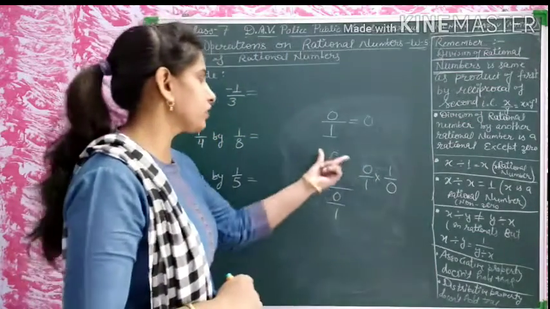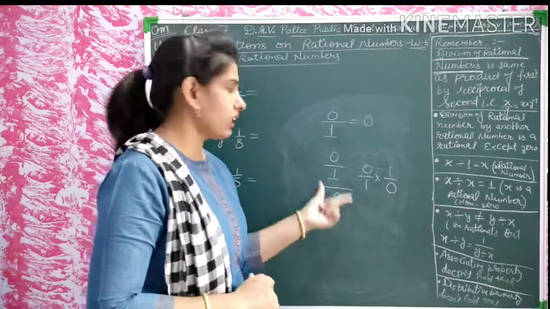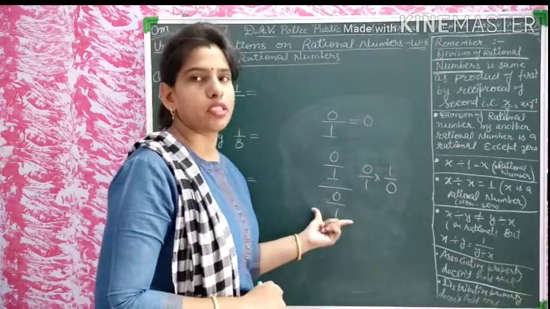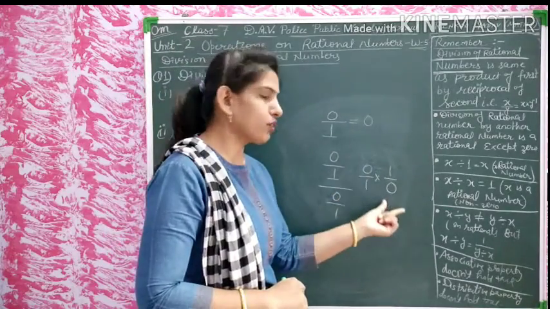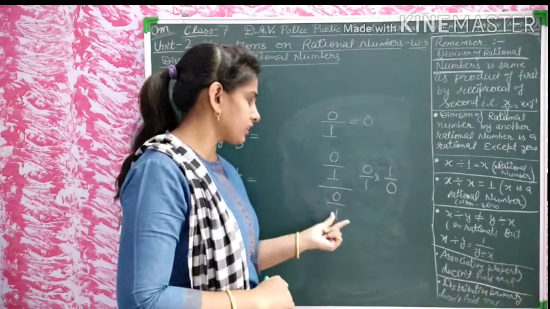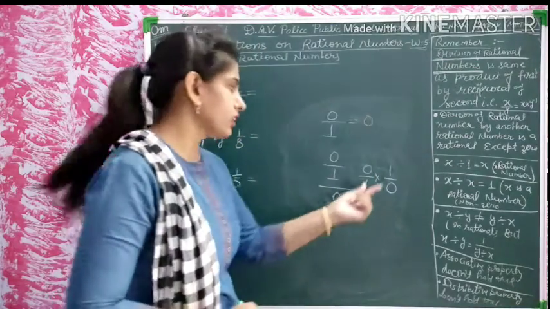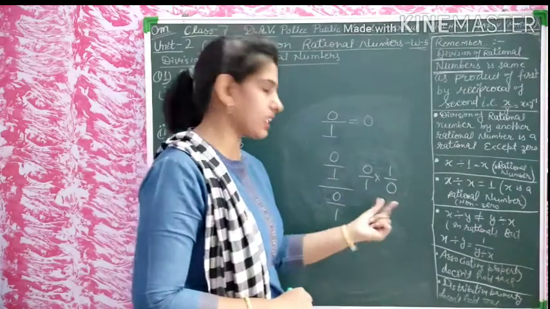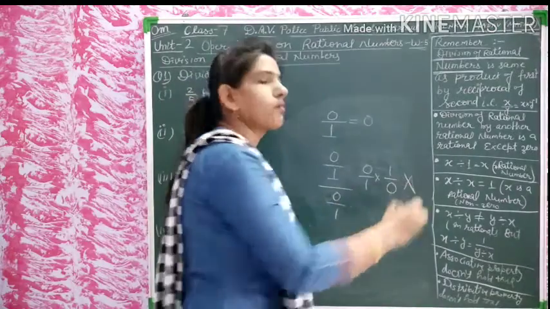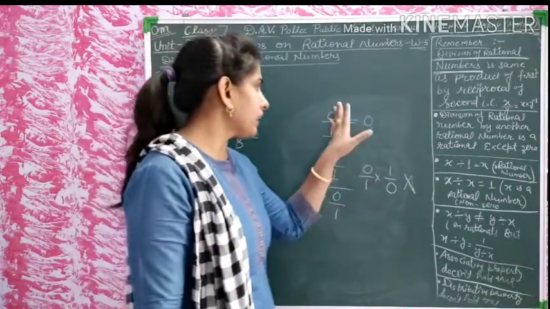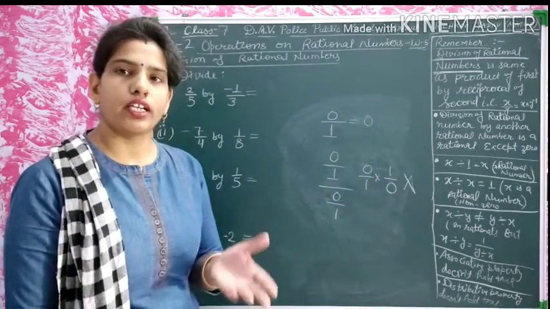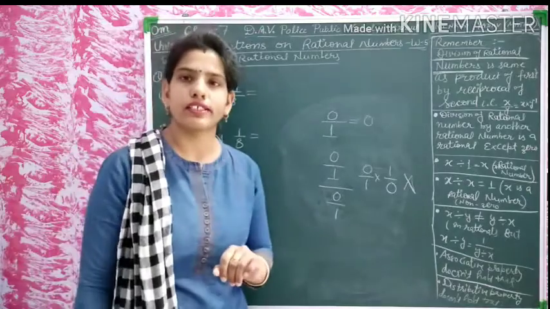When 0 is divided by 0, it is 0, and we can write it as a rational number. But if we divide both numbers, we get 0 by 1 into 1 by 0. The reciprocal of this number is this: the reciprocal means 0 is below and 1 is at the numerator. So 1 by 0 is the reciprocal of this number, and if we take the product of these two numbers, it is possible. So except 0, the division of any rational number by any other rational number is always a rational number.